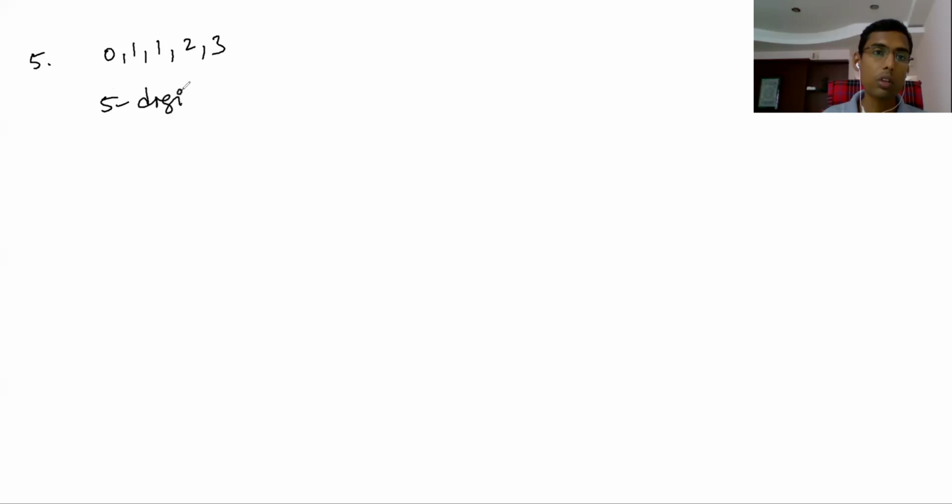So let's discuss this question. How many 5-digit numbers can we form using the digits 0, 1, 1, 2, 3?